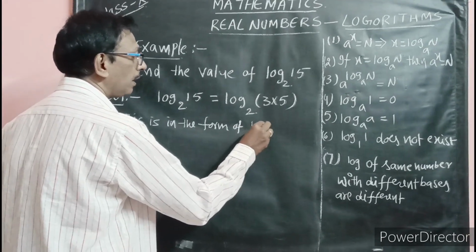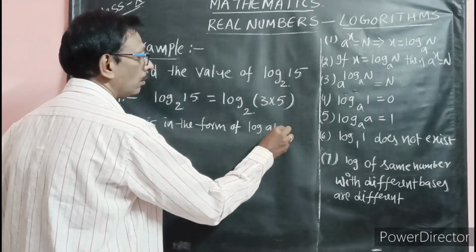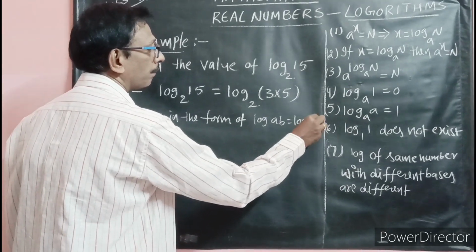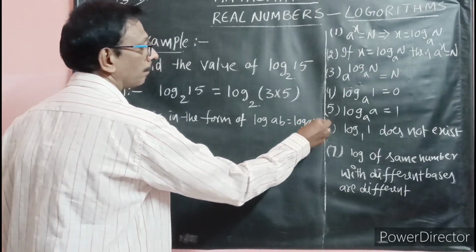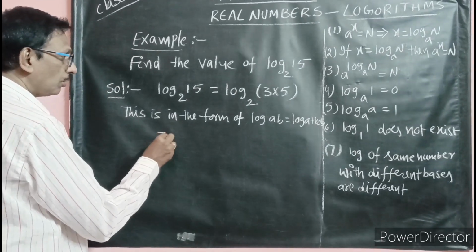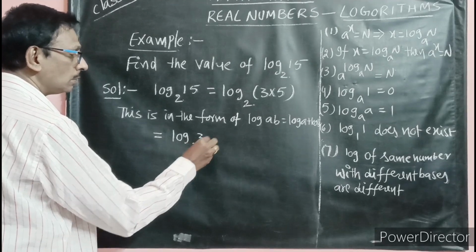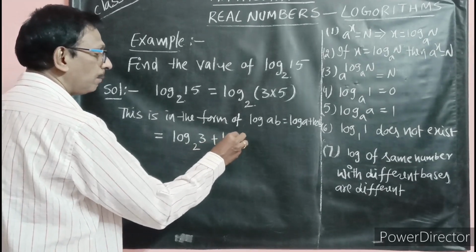Log ab is equal to log a plus log b. That is equal to log 3 base 2 plus log 5 base 2.